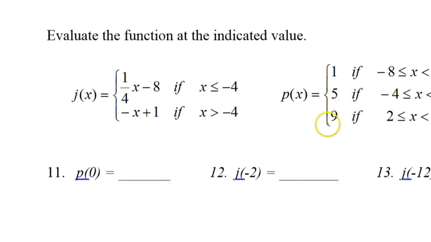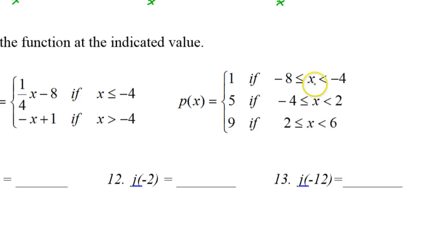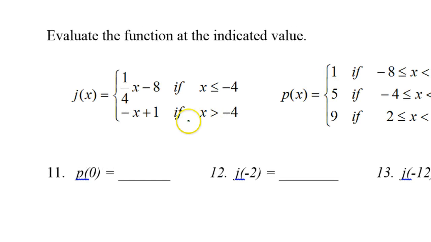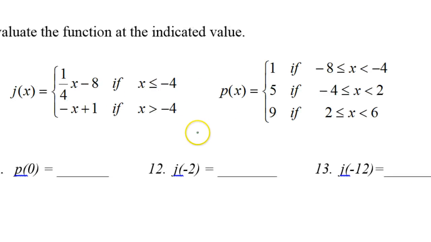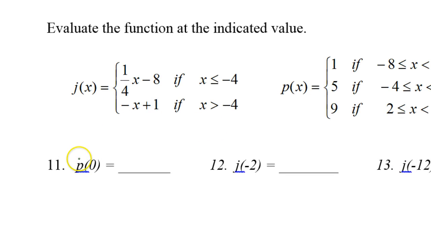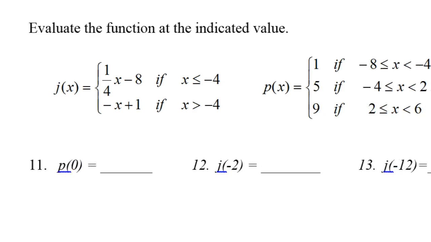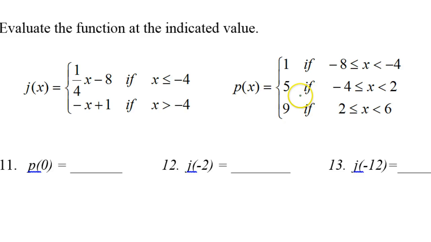All right? And finally, we're going to evaluate these piecewise functions. So pay attention to the letters. So number 11, it mentions p. So that means we're going to use this function over here on the right-hand side.